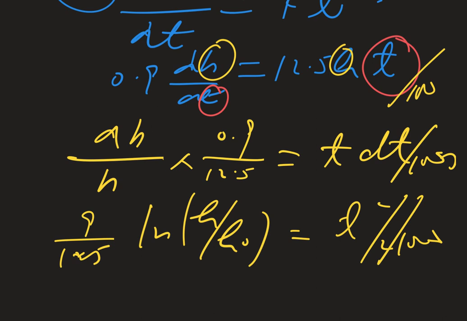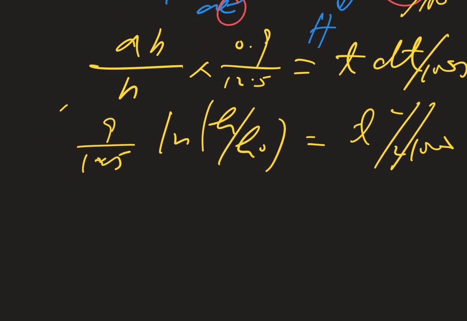Now when t equals 0, what is h? This h itself, we made a mistake. This h is the big H, the real height of the container. So in fact, this should be done in that manner.